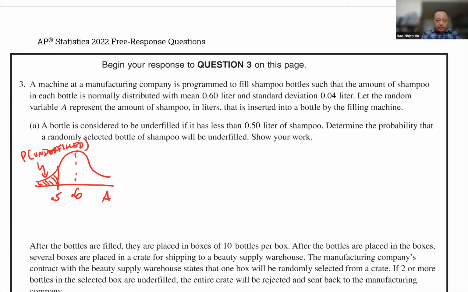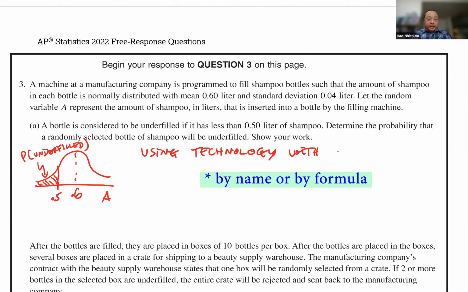So we'll just use our calculator for that. You have to identify the distribution by name and the parameters. And also, calculator speak doesn't count.